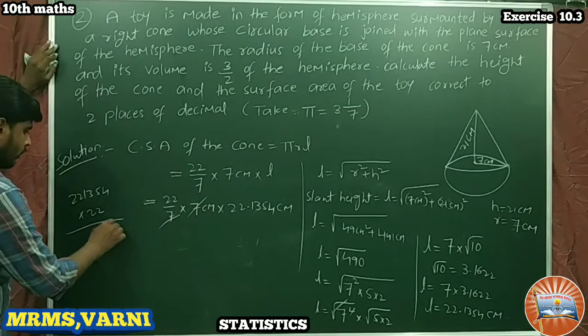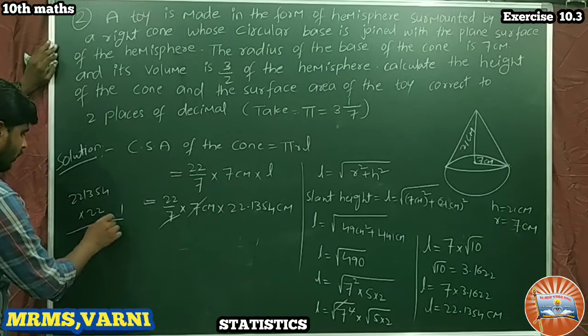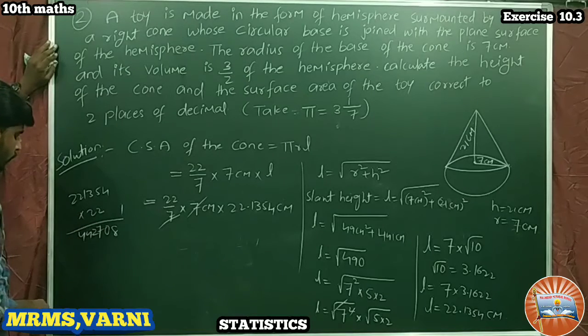2 4s are 8, 2 5s are 10, 0 here, 1 carry, 2 3s are 6, 7, 2 1s are 2, 2 2s are 4, 2 2s are 4. Let me check once again.